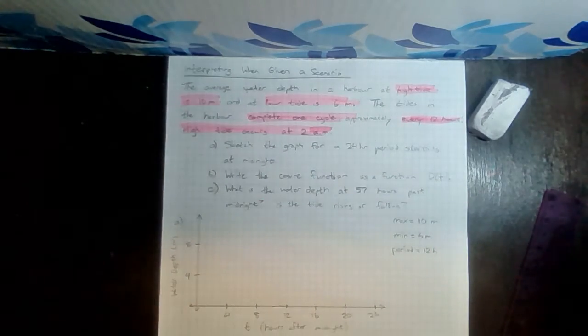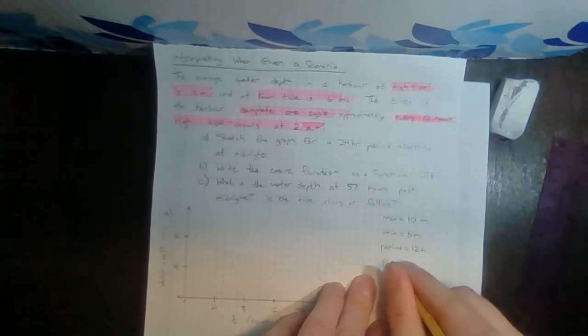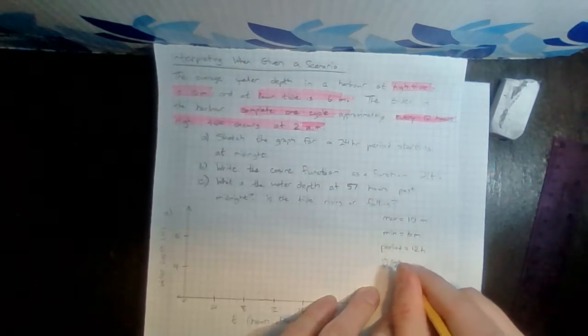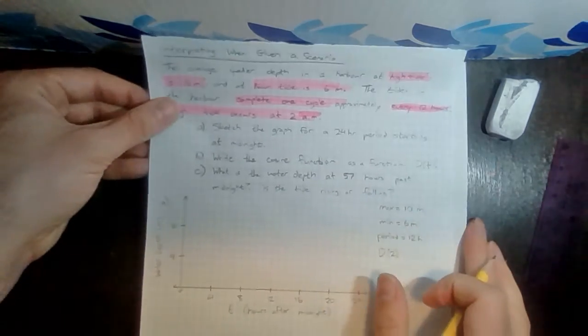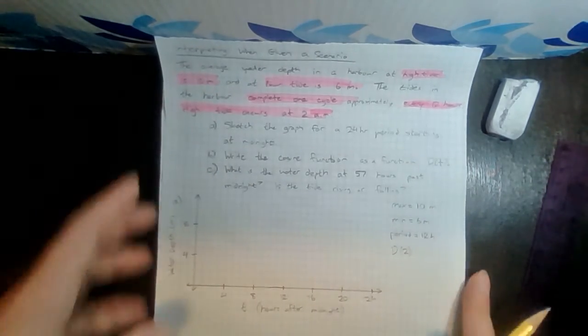So if we're sketching a graph for the first 24 hours starting at midnight, let's move this a little bit. So the depth at 2 hours, so if we look at a function d of t, because if we read ahead in part B, they ask us to write a function d of t.